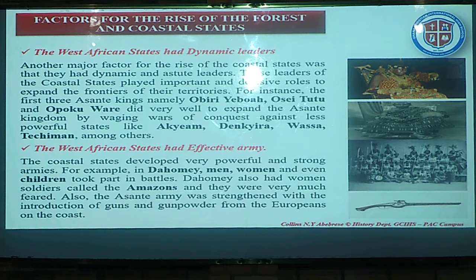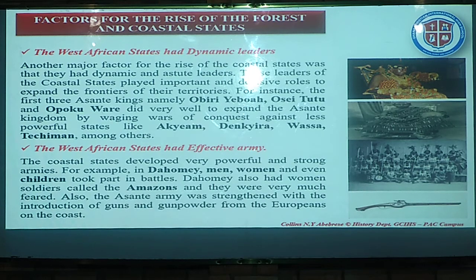Now, these leaders of the coastal states played important and decisive roles to expand the frontiers of their territory. For instance, let's give you a vivid example. The first three Asante kings, namely Obiri Abua, who was the first king, Osei Tutu, next Opokuwari, the third, did very well to expand the Asante kingdom by waging wars of conquest against less powerful states like Achem, Denchira, the Wassa, the Chiman, and among others.